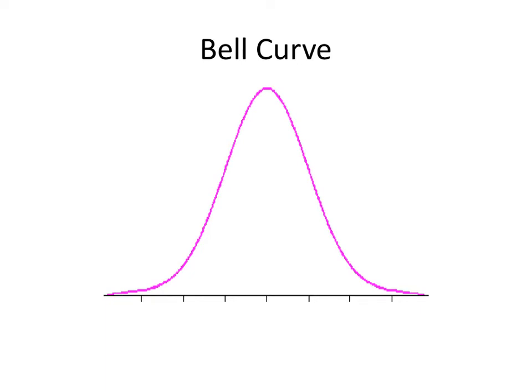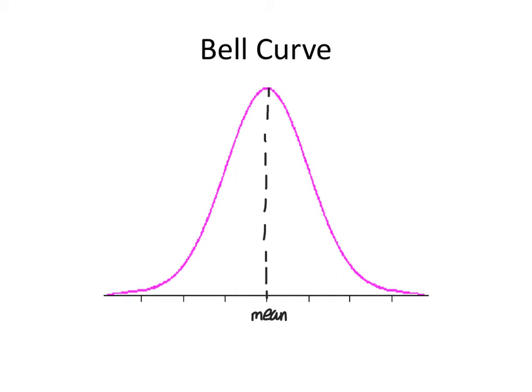So if we think about drawing a line from the top of our curve down to this center point, that would be where our mean would be. If we go out one standard deviation, because remember standard deviation tells us how varied our data is, so we have a value for standard deviation.